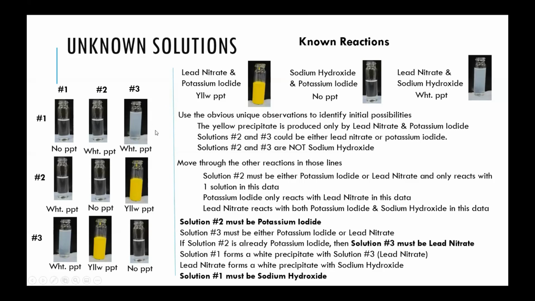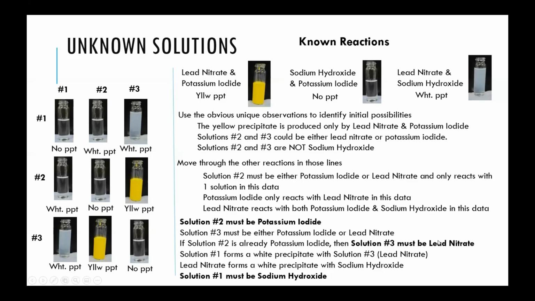And this is also consistent with the reaction of lead nitrate and sodium hydroxide. So now, using those step-by-step logical deductions, you can figure out that solution number 1 is sodium hydroxide, solution number 2 is potassium iodide, and solution number 3 is lead nitrate.